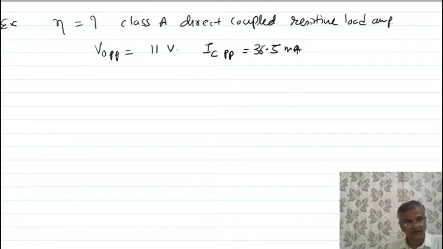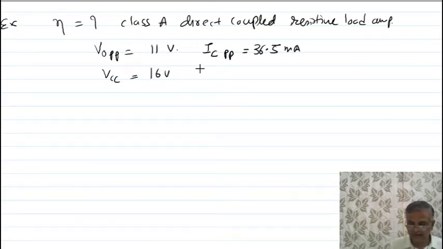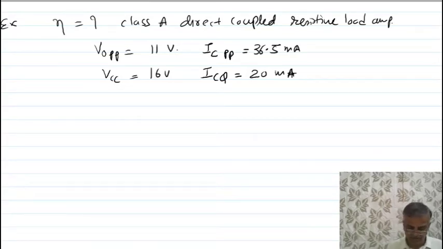They have given the output current. They have given the supply voltage as 16 volt, and a DC current meter connected in the circuit indicates 20 milliampere DC. Find out the efficiency of the circuit.